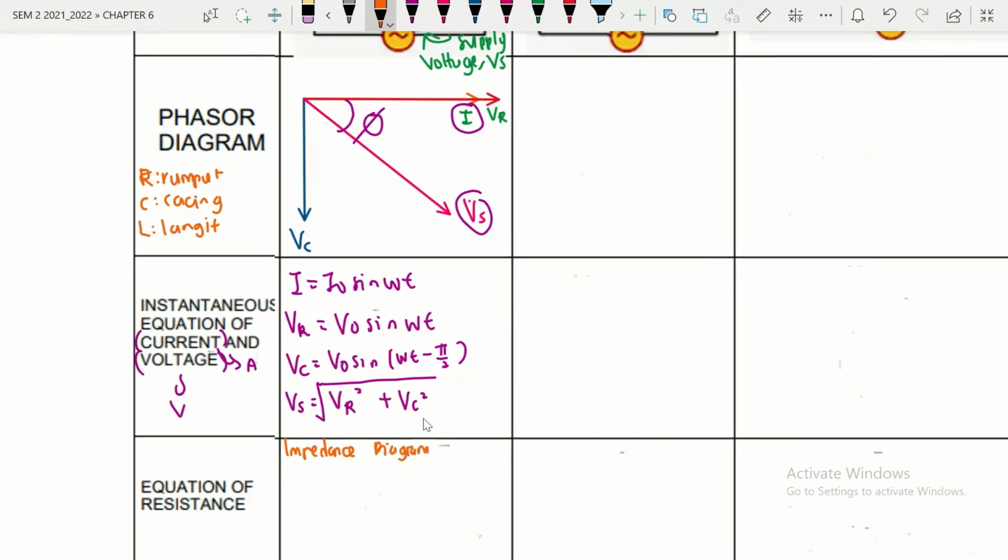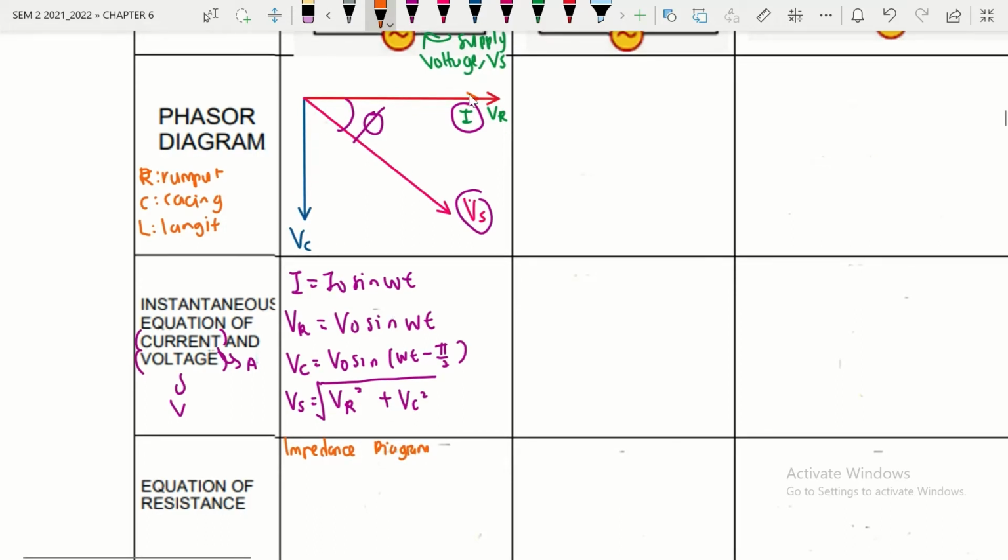So impedance. Okay, if you look, the one going to the right is R, voltage across resistor. So in your impedance diagram, it is your resistor. And then this is C, going downwards is C, voltage across capacitor. So downwards is the capacitor. Okay, not your capacitor, but your capacitive reactance.